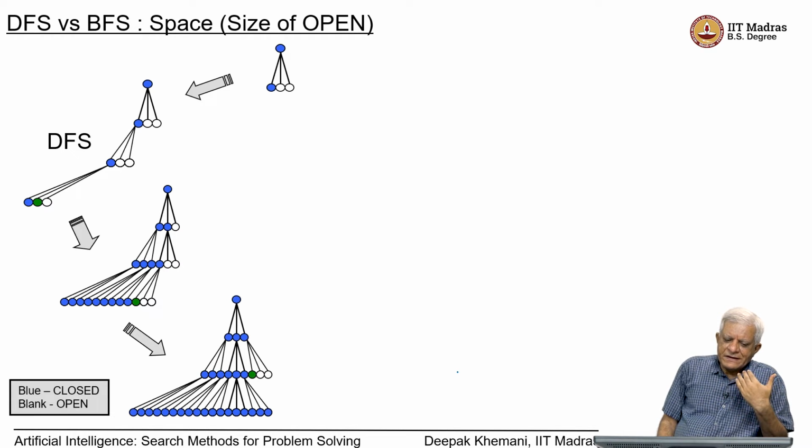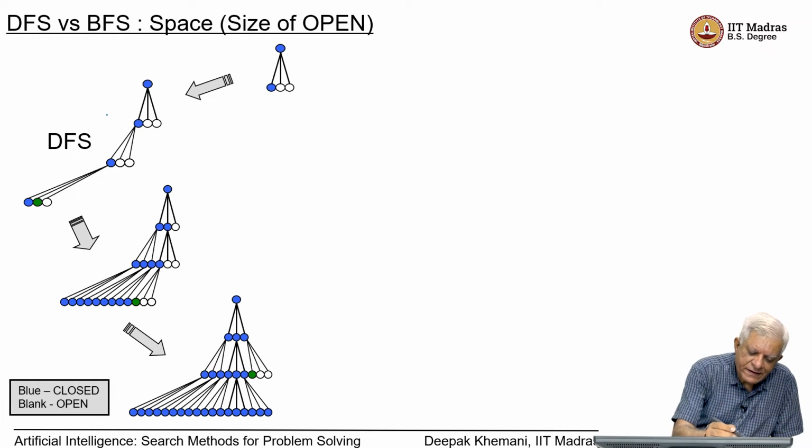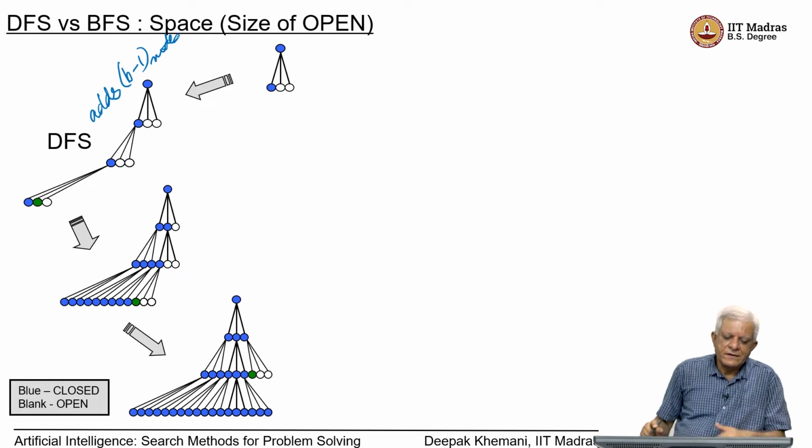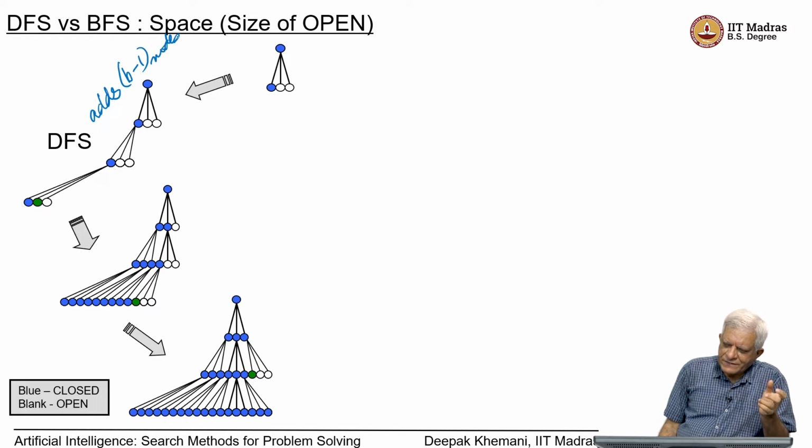Why is that? That is because as you go down the depth, at every level DFS adds B minus 1 nodes. It generates B nodes and picks one of them, and the remaining B minus 1 are added to open.